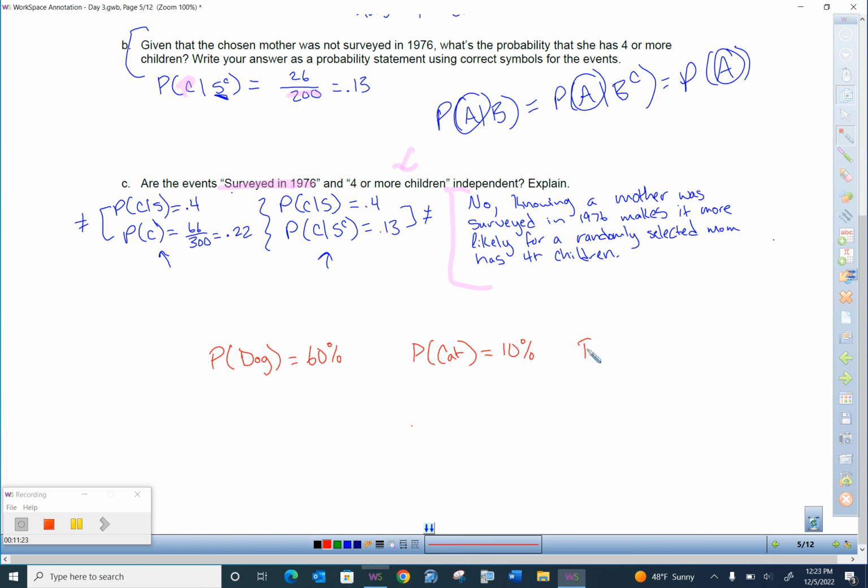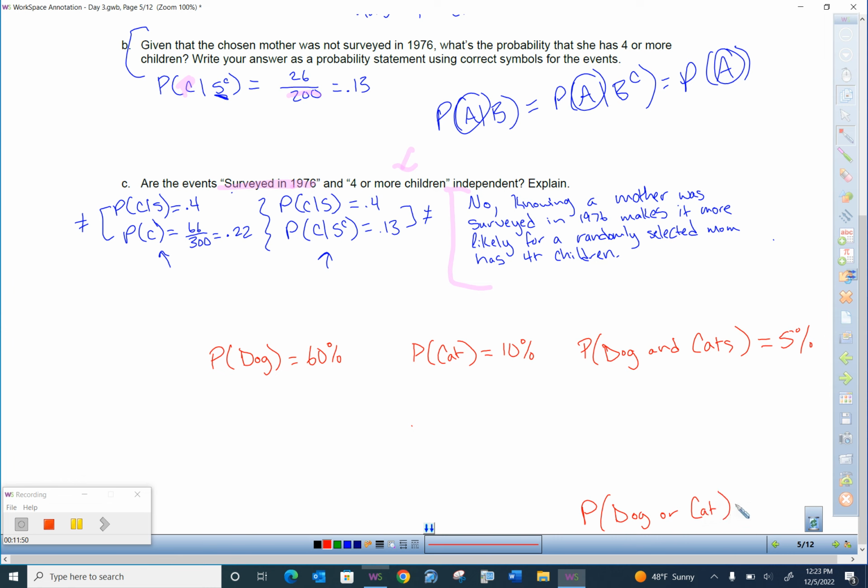And then we can say people in the class who have dogs and cats take up 5%. Drawing a Venn diagram for this can help us answer some questions, like what is the probability that a person in the class has a dog or a cat.